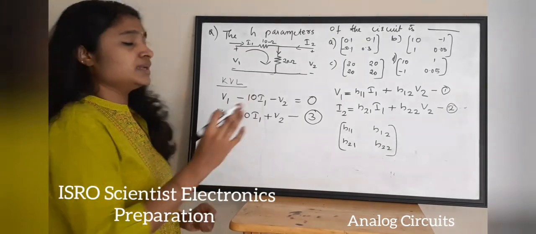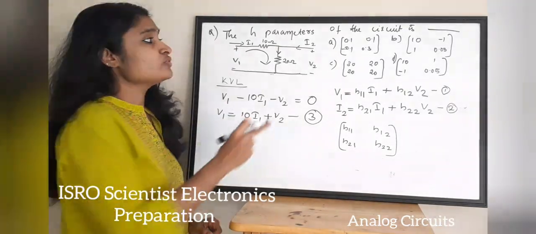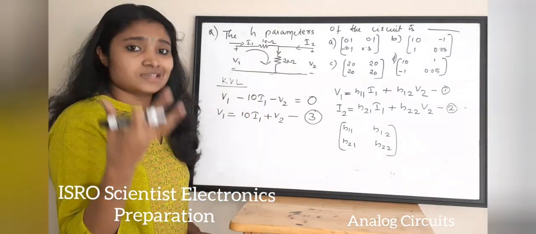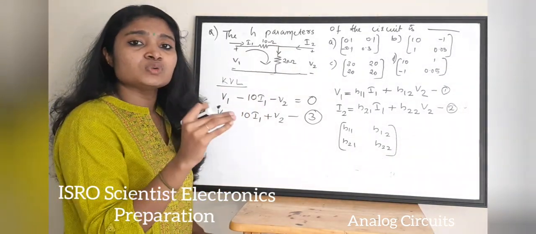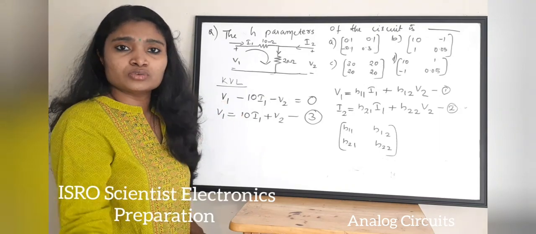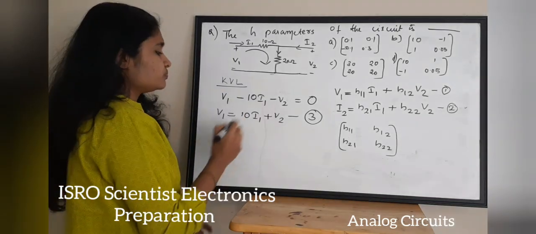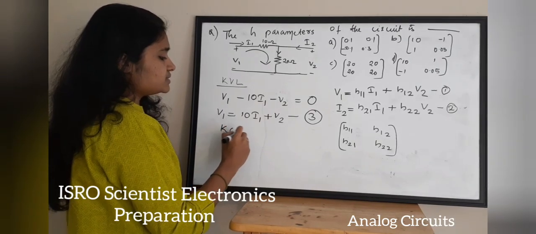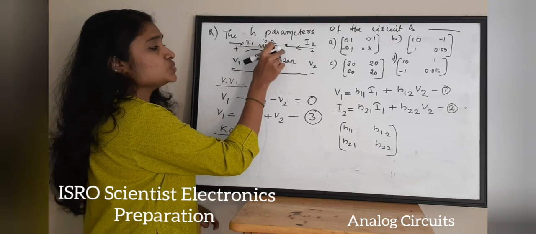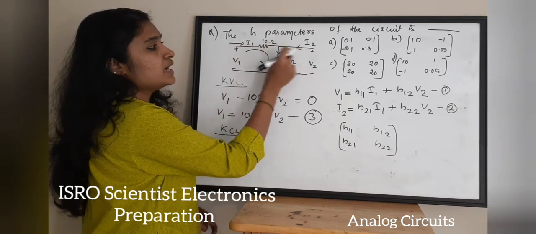Okay. Again, I am going to apply Kirchhoff current law for this node. So what is Kirchhoff current law? It states that the algebraic sum of current flowing into the node is equal to the algebraic sum of current flowing out of the node. So applying KCL, Kirchhoff current law. What are the currents flowing into the node? It is I1 and I2.